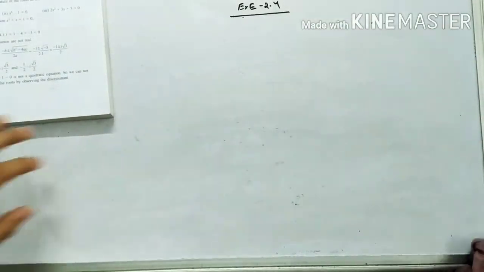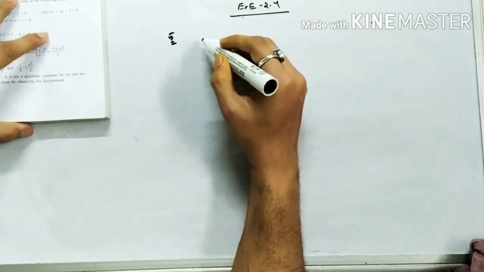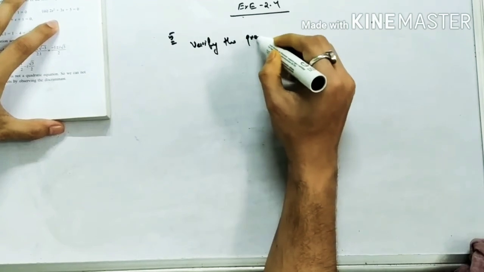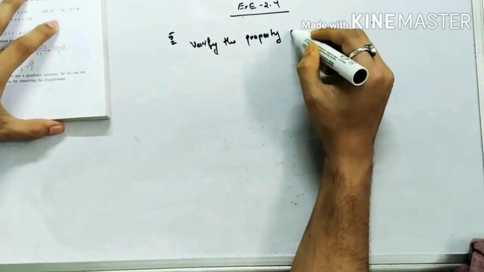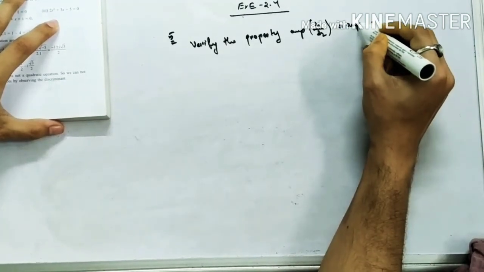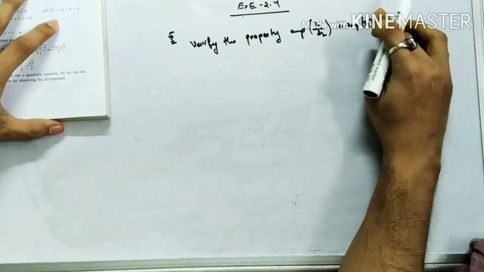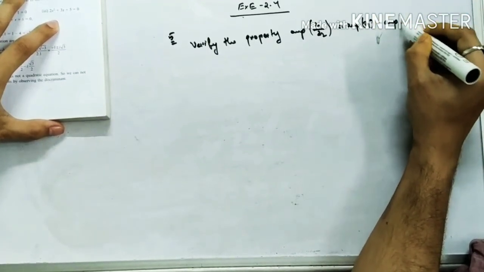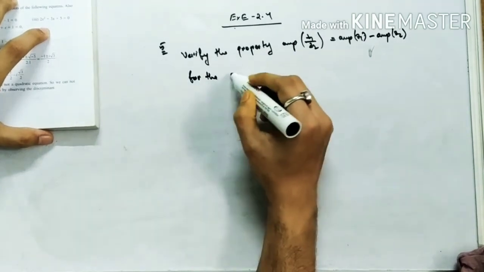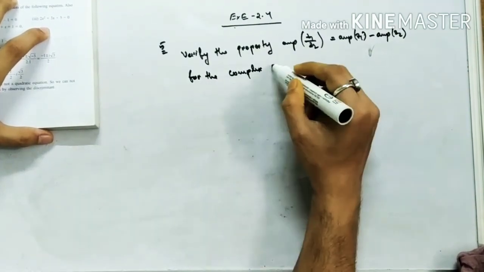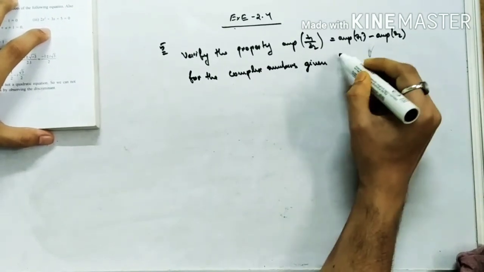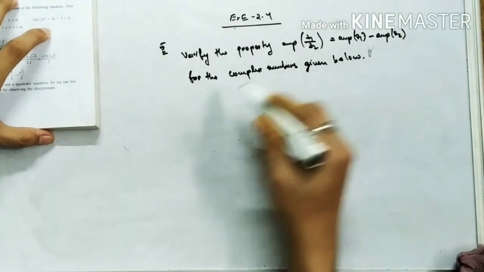Question number 5 saying that verify the property amplitude Z1 by Z2 is equal to amplitude Z1 minus amplitude Z2 for the complex numbers given below.